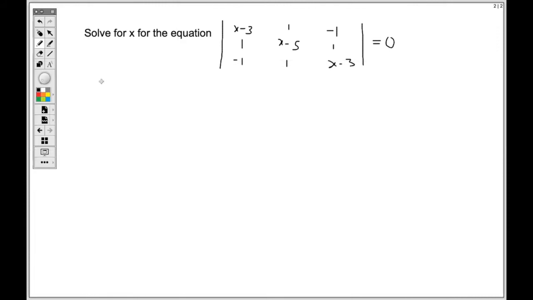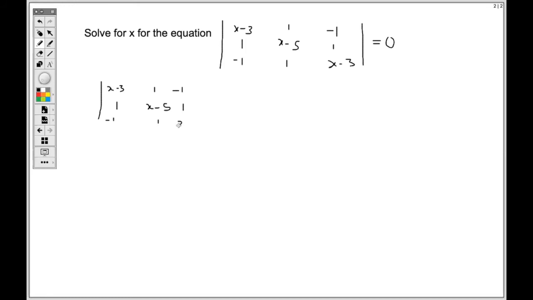Now another example, we're going to solve for x, given the determinant is equal to 0. Looking at this, I can do the same procedure where I add the columns to get the same value in column 1.